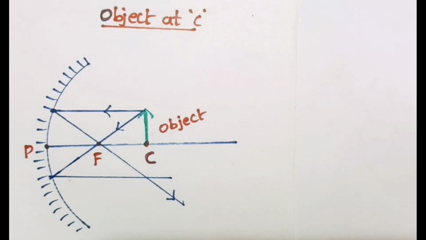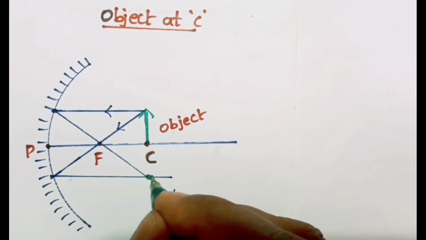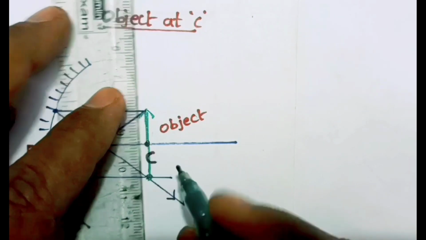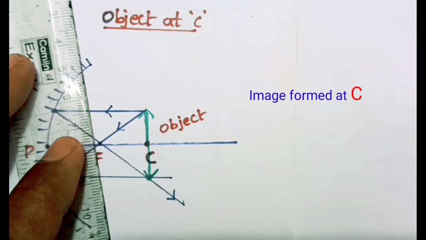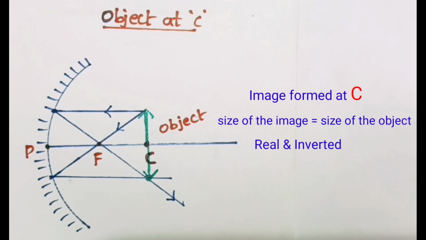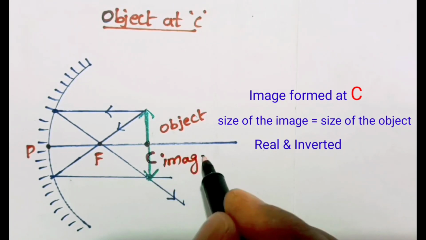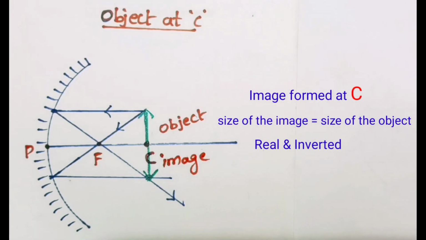These two reflected rays are converging rays and they intersect with each other near the center of curvature. So, we can conclude that when an object is placed at C, the image is also formed at C. Size of the image is equal to size of the object. Image is real and inverted.